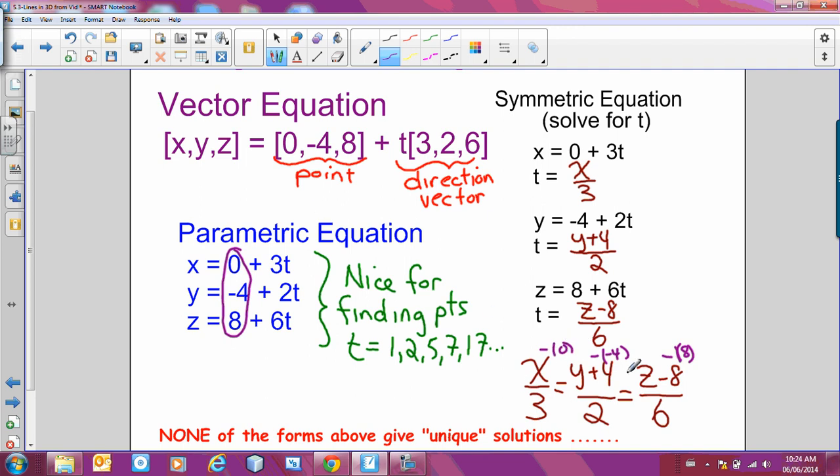So if we do have the symmetric equation and we're looking for a point, it is kind of there as well. Certainly this is a nicer way to see it. This is fine once you make the association, but it is here as well. The point is the subtracted value across the numerators. The direction vector, of course, is a little bit easier to see. I see a 3, 2, 6, I see a 3, 2, 6, and I see a 3, 2, 6.